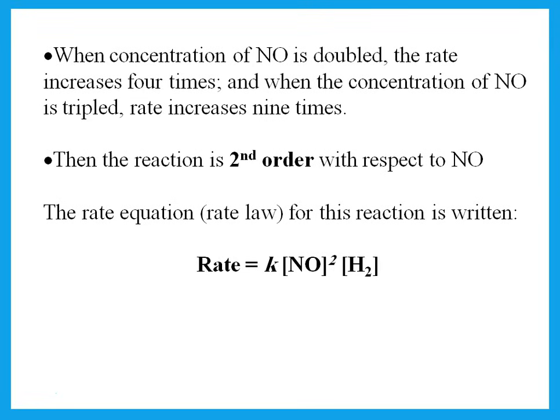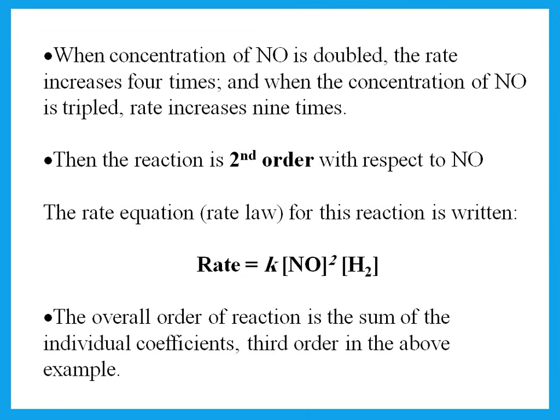So this is what we call the rate law. And if it is second order with respect to NO, first order with respect to hydrogen, then the overall order of the reaction is the sum of these. So overall, we say that this reaction is third order.